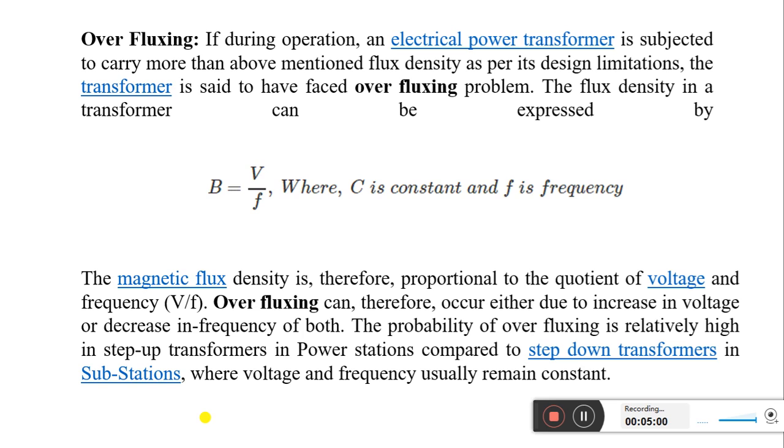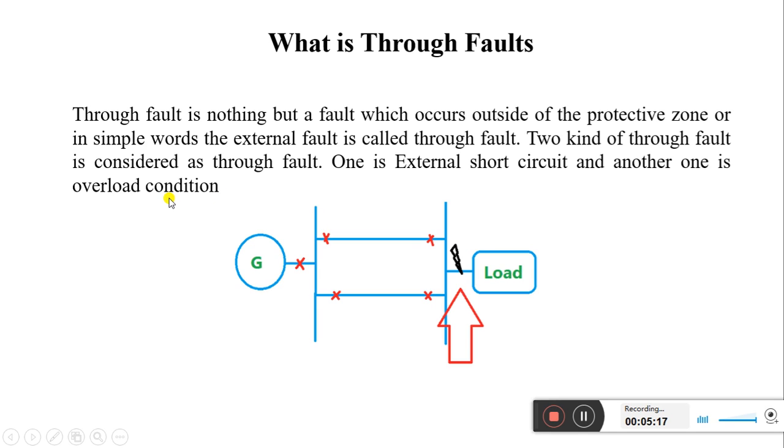If voltage and frequency remain constant, that does not cause overfluxing because of the formula B equals V by F. If V is constant and F is constant, then B is not going to vary, so overfluxing will not occur.